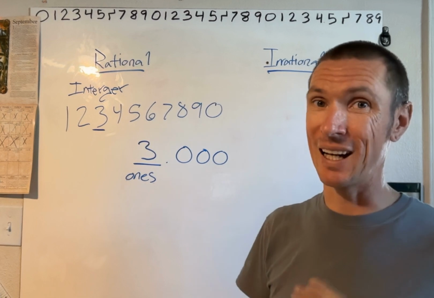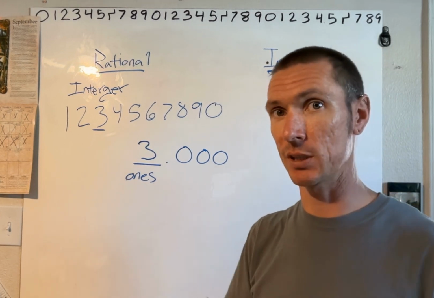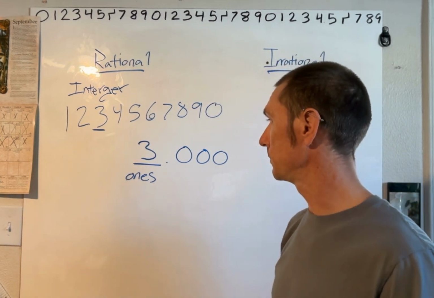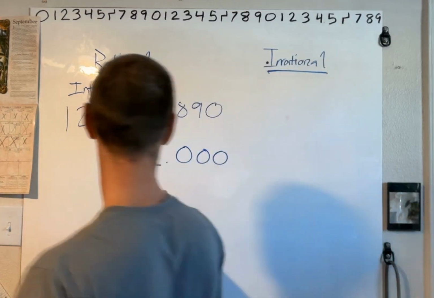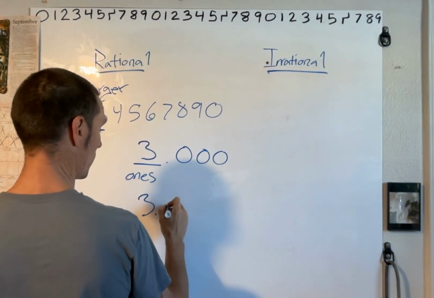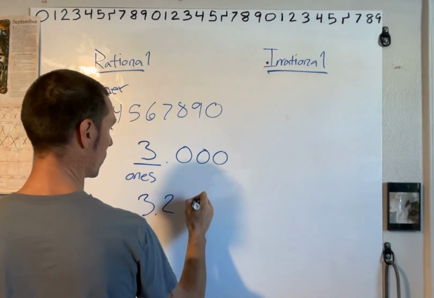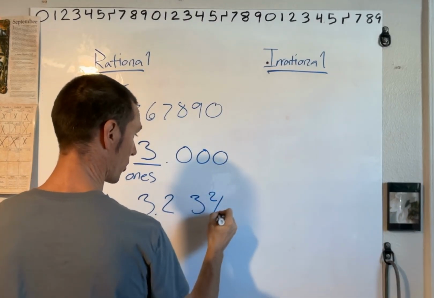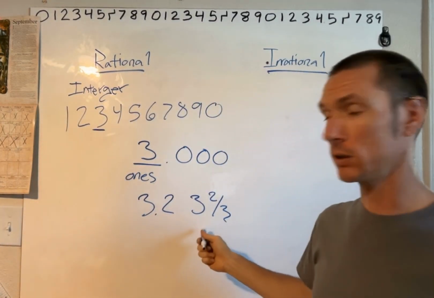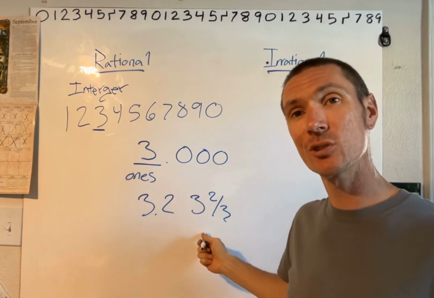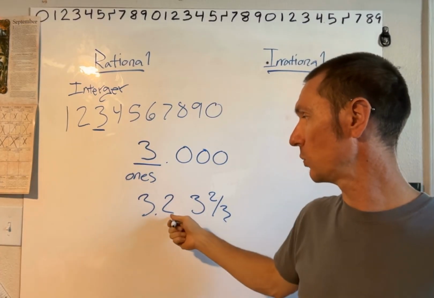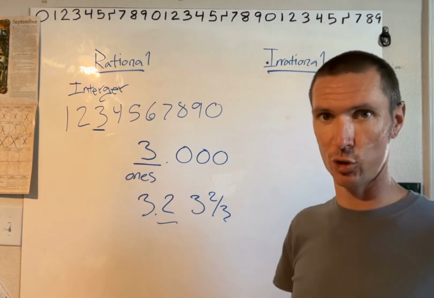What would be a non-whole number? I'm going to try to put this into easy to understand terms. It would be like 3.2 or 3 2/3. Okay? These wouldn't be whole numbers because you now have an extra portion.